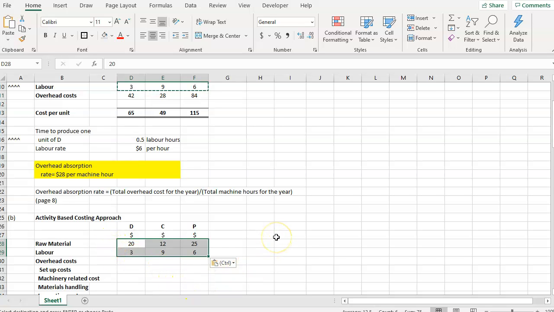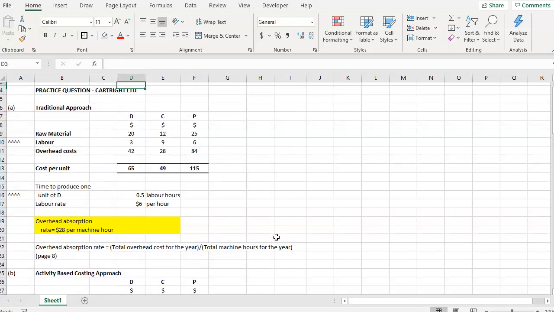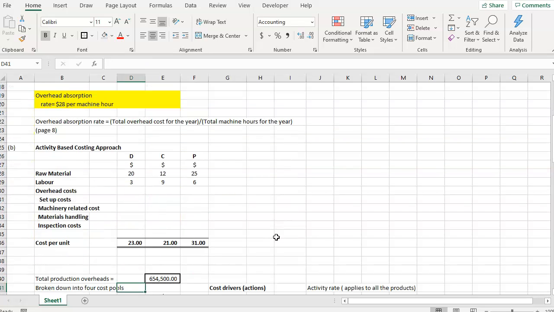So the first thing to note here is that regardless of the costing method used, your raw material and your labor cost is the same. So what we're going to notice then is that if there's a variation in the cost per unit on the traditional and the cost per unit on the activity-based costing, it means that the difference must be because of how we incorporate the overhead cost.